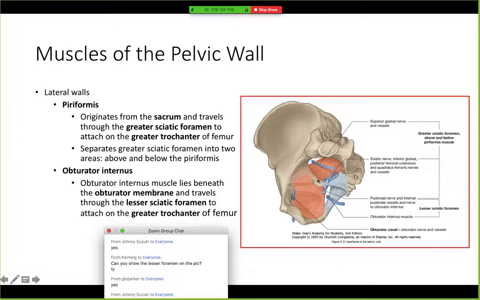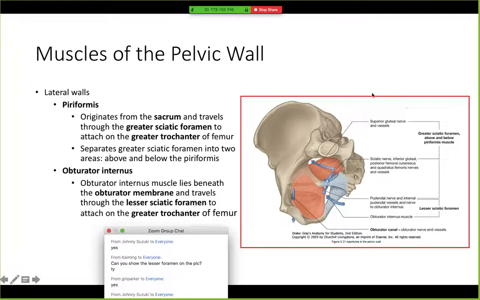So the piriformis divides the greater sciatic foramen, and above the piriformis, you're going to have certain structures, so superior gluteal nerve and vessels passing through, and then below the piriformis, you will have certain structures passing through the greater sciatic foramen. And then you also have structures passing through the lesser sciatic foramen.